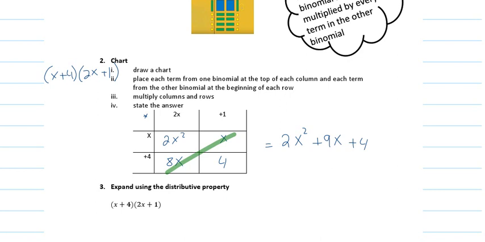Okay? So I took my binomial and I split it, I wrote each term in a separate box, and then I did my multiplication.